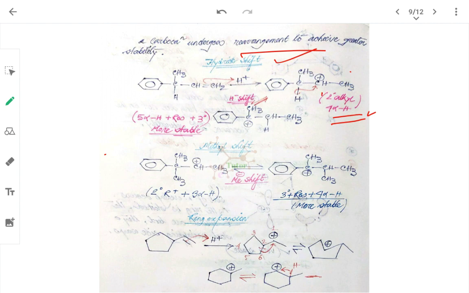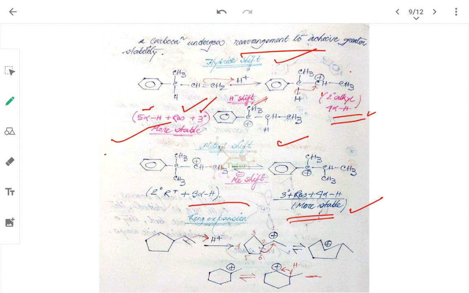Then a 1,2 hydride shift forms a benzylic carbocation with 5 alpha hydrogens plus resonance, plus it is 3 degree, so more stable. Then methyl shifting, and in the case of methyl shift, there is also a stabilized product we get.